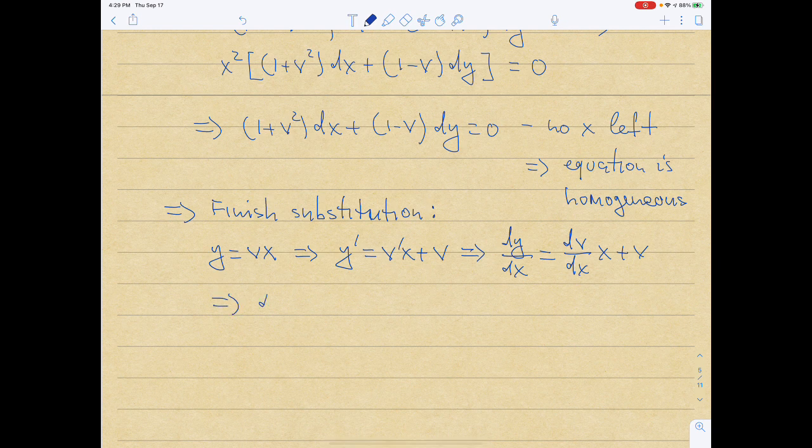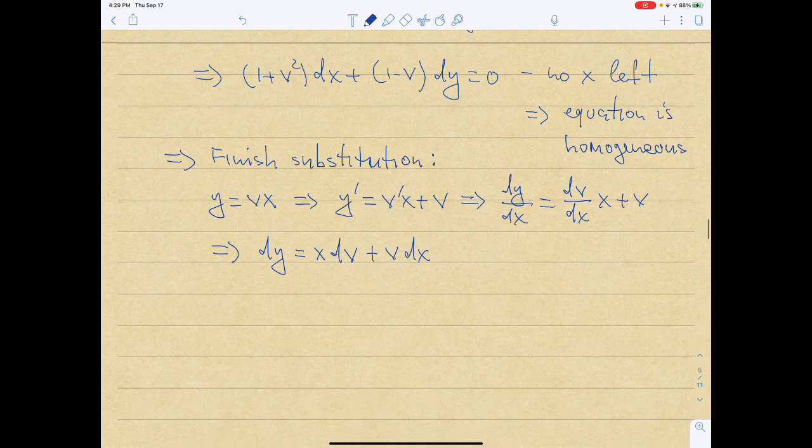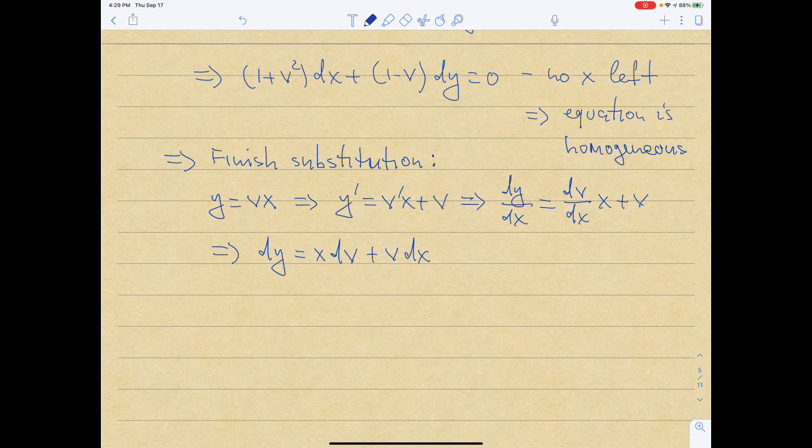And so we get that dy should be equal to x times dv, because this dx will cancel with this dx, plus v times dx.